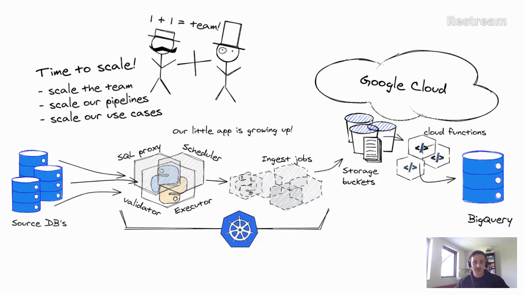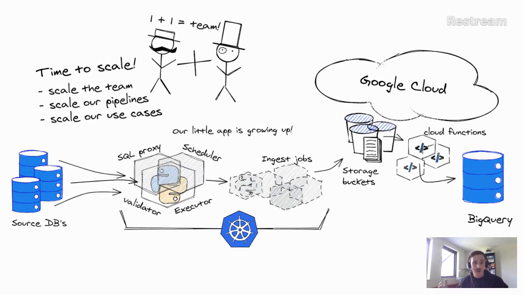We also had a small validation component, which was trying to ensure that the data adhered to a certain standard. We had a SQL proxy put into place to ensure that we could do things like caching SQL queries, for example. We had multiple storage buckets. We had multiple cloud functions now. So on the whole, our system was growing.